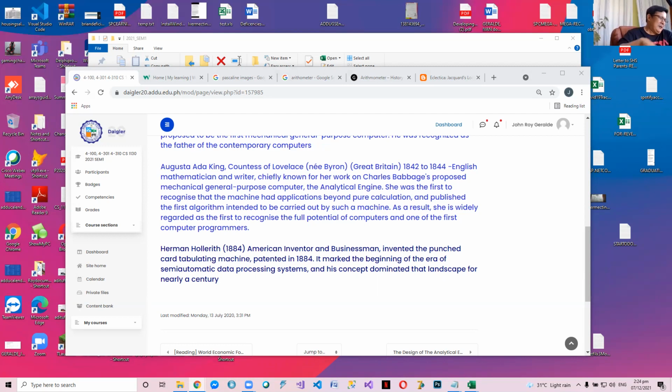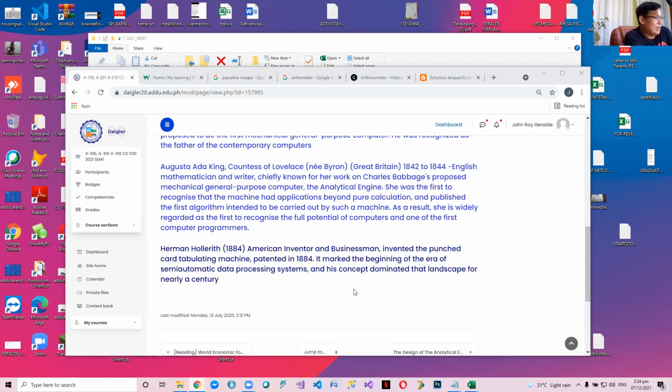Okay? Then, in 1884, in the US, Herman Hollerith invented a recording machine to record punch cards, because during those times the US was counting its people, its citizens. They were having a census so that they would be able to account for who are the legal US citizens who are already there.